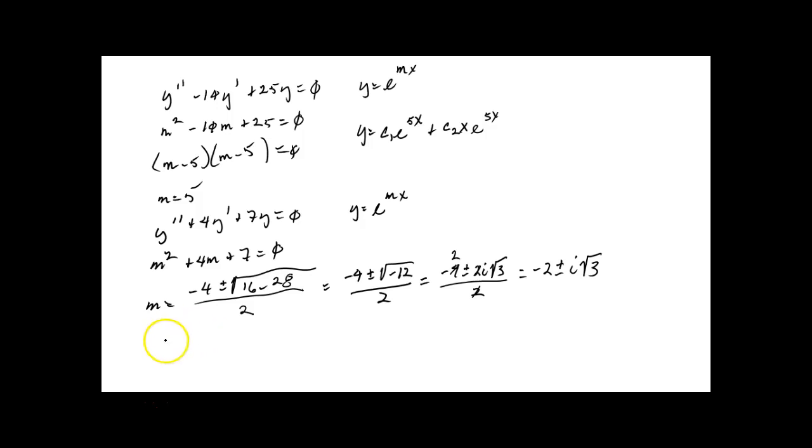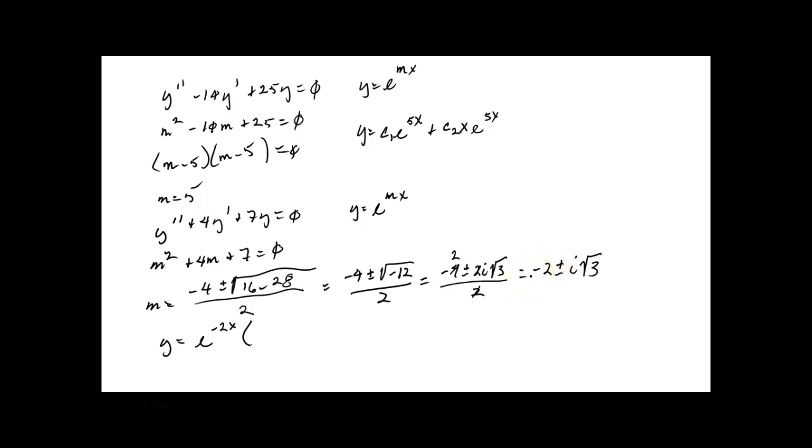Remember how that went? y is equal to e to the minus 2x, that's the alpha part, e to the alpha x.